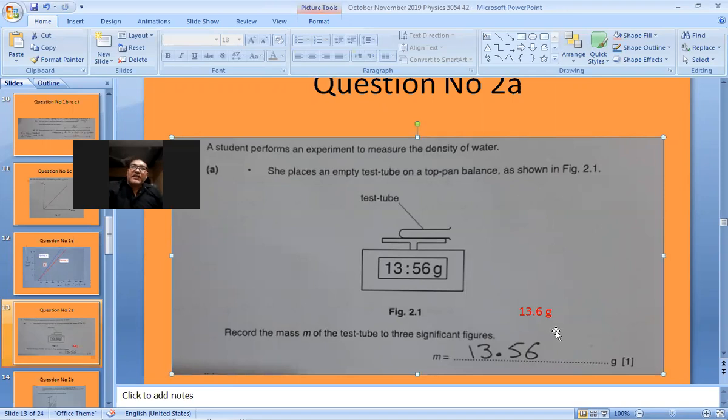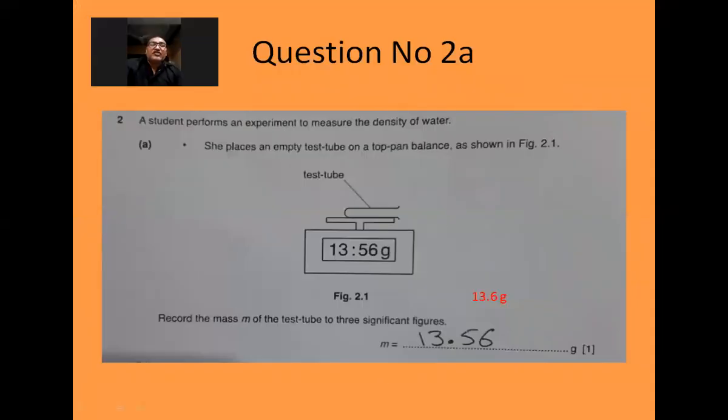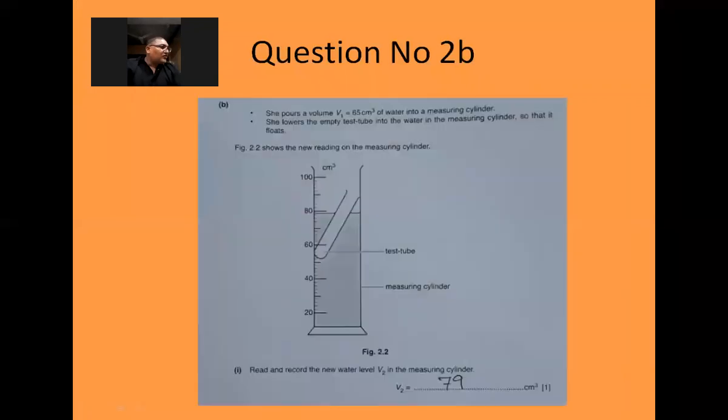I have not rounded it off to significant figures here, but in 3 significant figures, it will be 13.6 gram. Let me increase the size so you can see the whole thing. So this is how you do this. That was question number 2, part A. You just have to record the reading showing on the electronic pan balance.